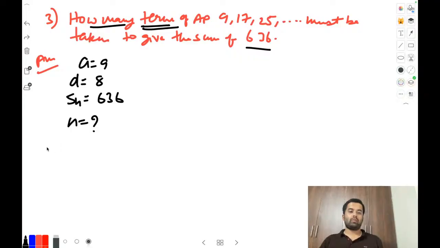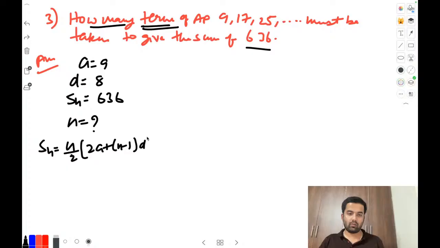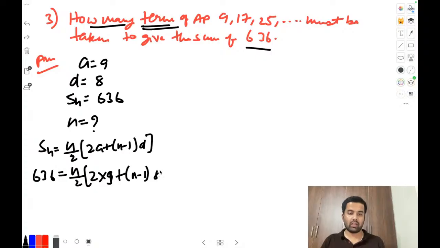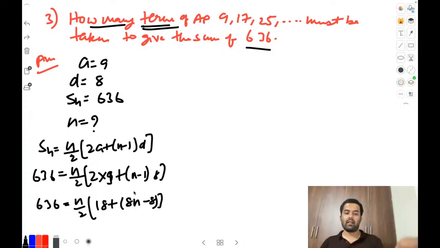So to get the n answer, just write directly the formula: Sn equals n by 2 into 2a plus n minus 1 into d. 636 as Sn we kept, n value we have to figure out, so keep it as it is. 2 into 9, this is a, plus n minus 1 as it is. D value is what? 8. I hope this is clear till here. Now let's do this. N by 2, this becomes 18 plus 8n minus 8. I just multiplied inside.